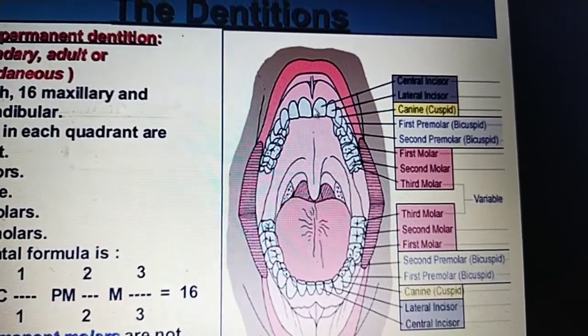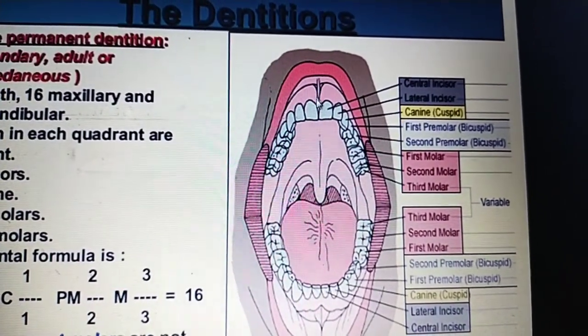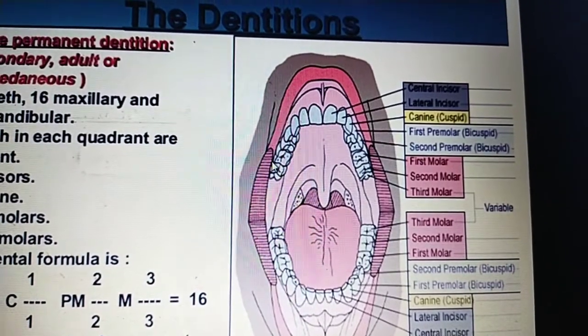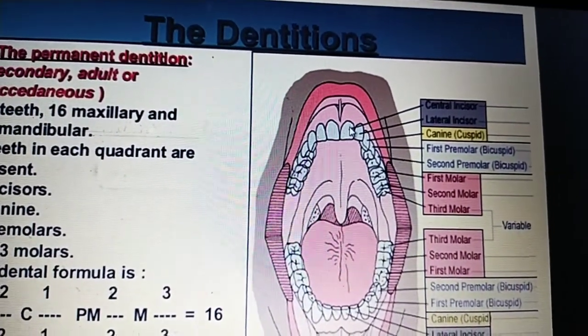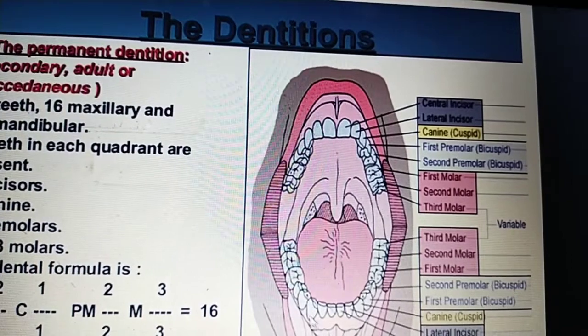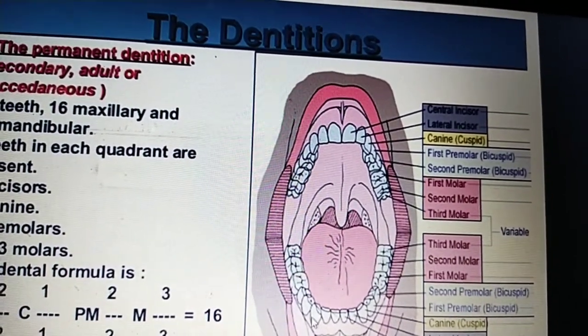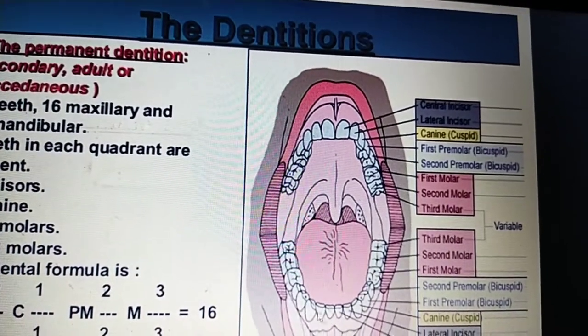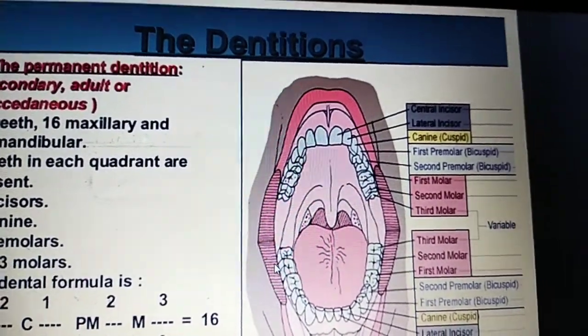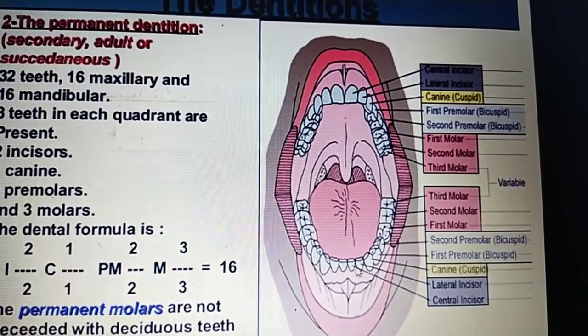If we draw the midline here, in the right quadrant there are 8 teeth and in the left quadrant 8 teeth, and below also in the mandible, total 16 in number. On the midline, from the right 8 teeth and left 8 teeth.